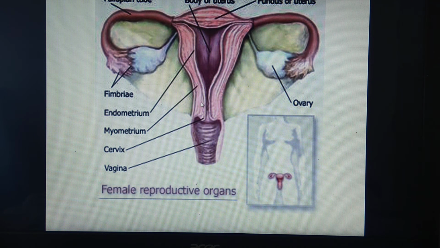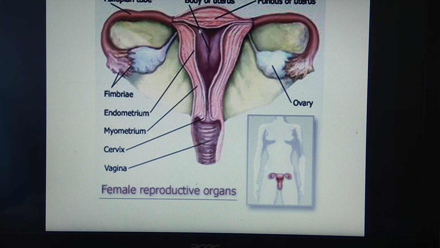What have we studied about the uterus? The uterus consists of three parts. The body of the uterus means the fundus. This upper part is called the fundus of the uterus. This middle part is called the body of the uterus, and this lower part is called the cervix. Okay. So this is for the uterus.